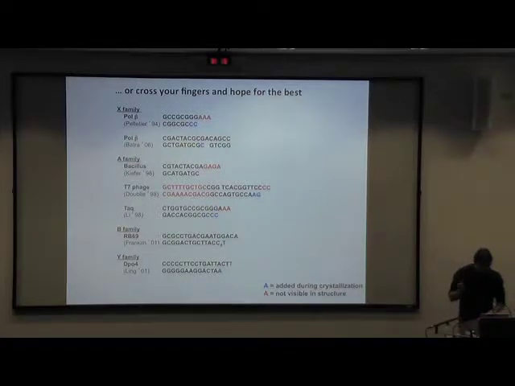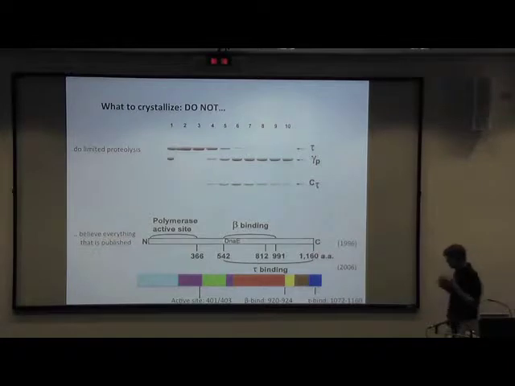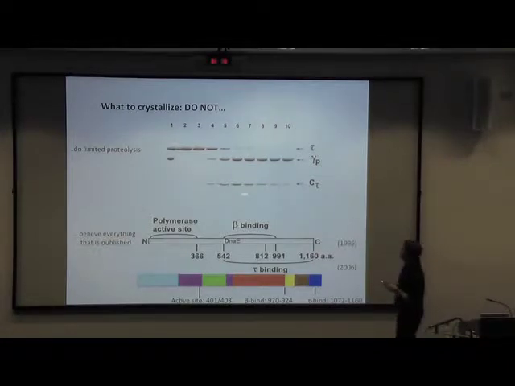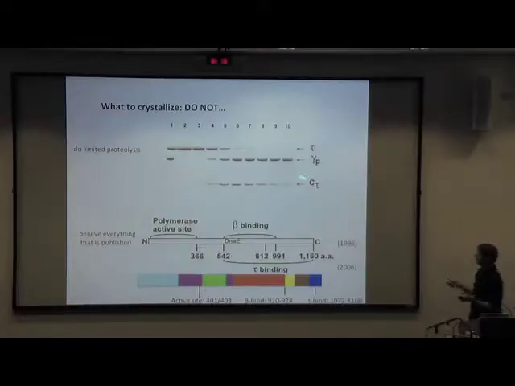Well, there's one thing, and I hope I'm not going to offend anybody, but what I don't like is doing limited proteolysis. There may be a few anecdotal stories that it may have worked, but just think about it. You use a protease that's going to cut a particular size and rip your protein apart, and what you're left with is a band that may be stable, but you don't know what the ends are.